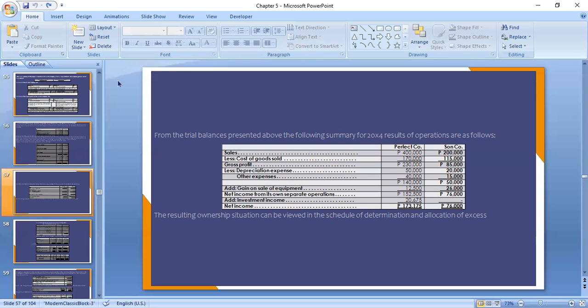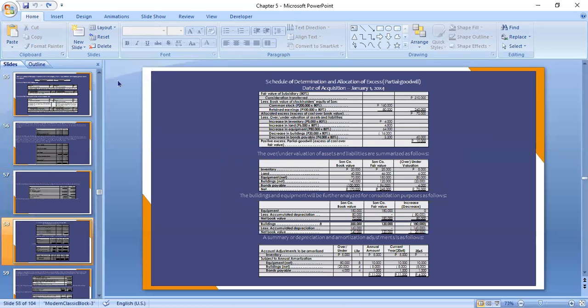Then we have the schedule of determination and allocation of excess using partial goodwill as of the date of acquisition. So we have the fair value of the subsidiary for the consideration transferred by the parent of 310,000.